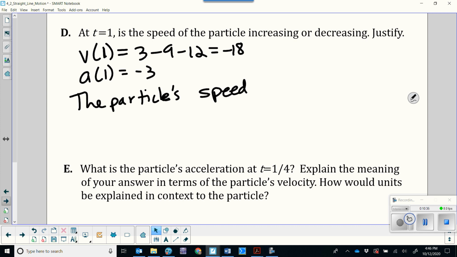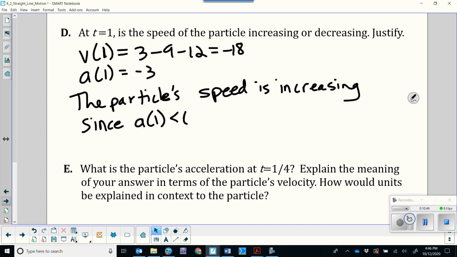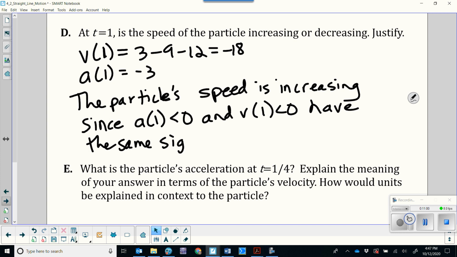So the particle's speed is increasing since acceleration, which is less than 0, and the velocity at 1 is less than 0. They have the same signs. Remember, it doesn't matter if they're positive or negative. They're both kind of working in the same direction, okay? So the particle speed is increasing.